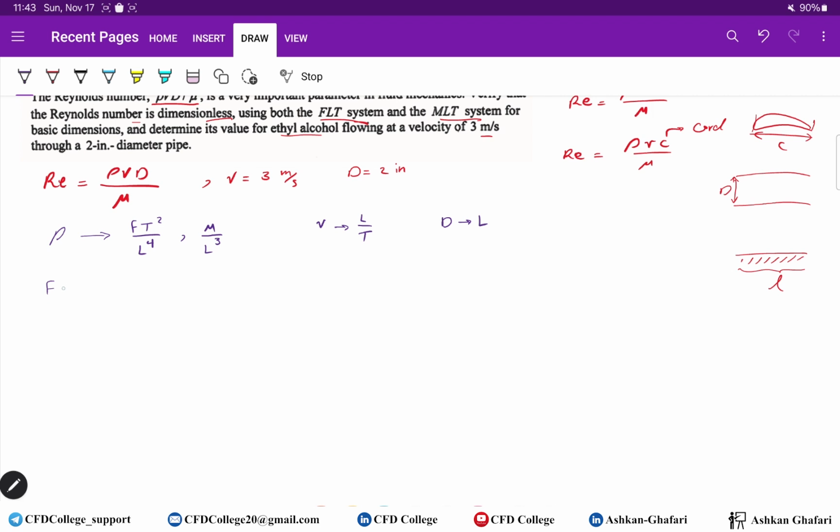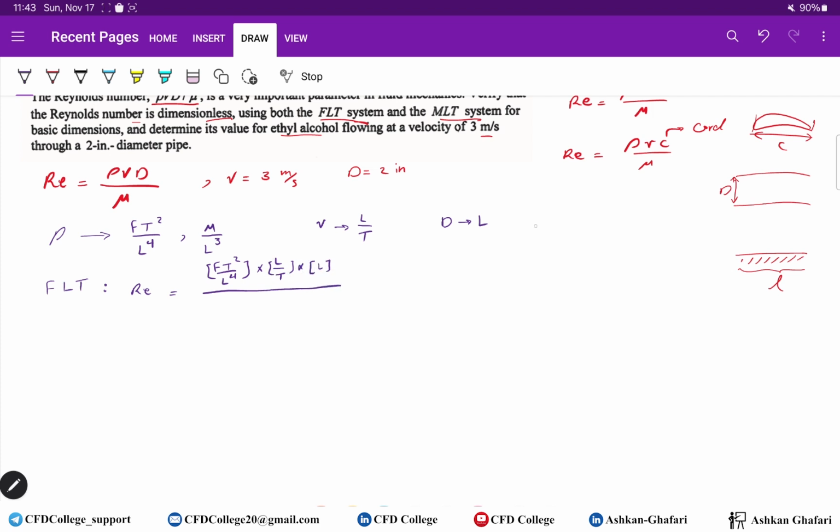So first, in the FLT system, Reynolds number equals rho VD over mu. Rho has the unit F T squared over L to the 4, V is L over T, D is length.